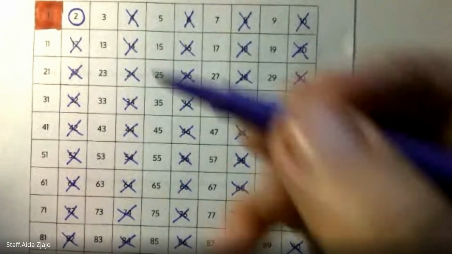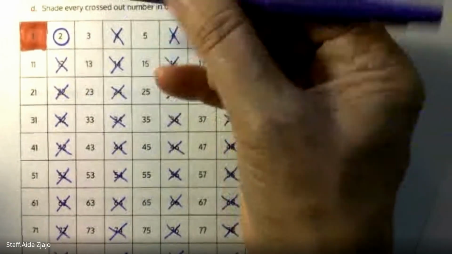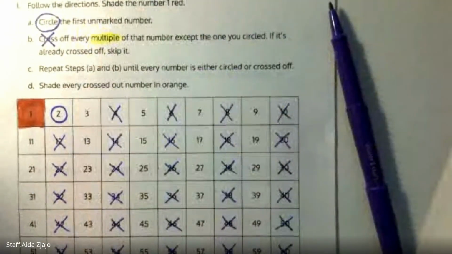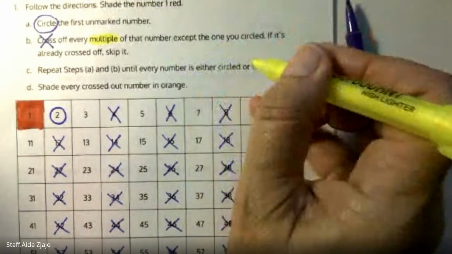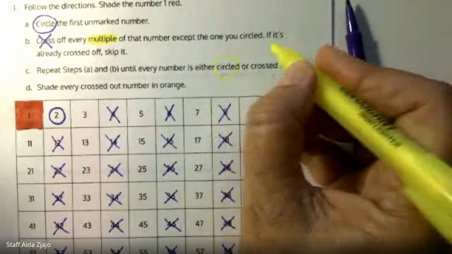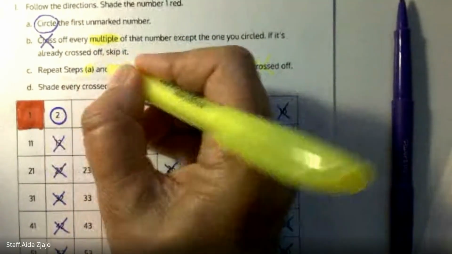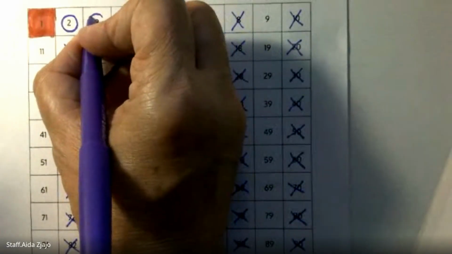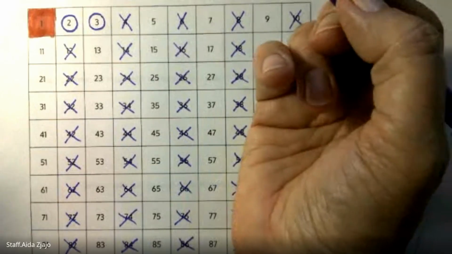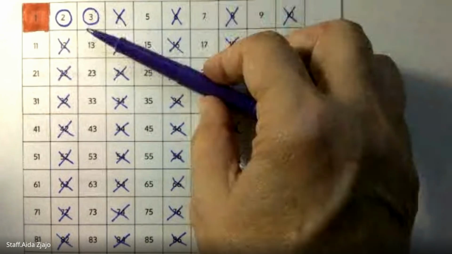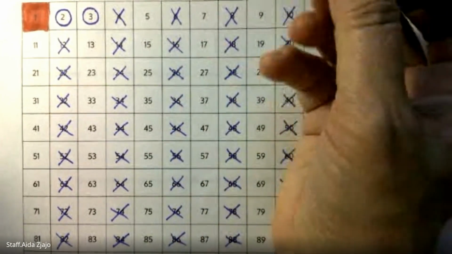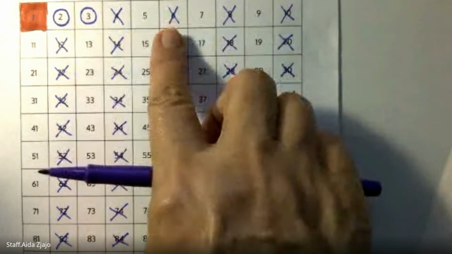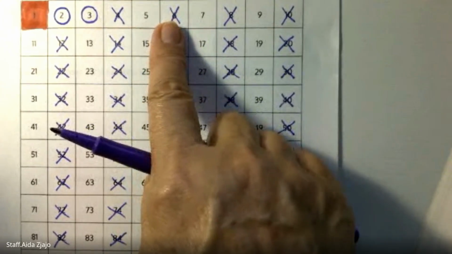Then we can do 3. They said repeat steps A and B until every number is either circled or crossed off. 3 is our prime number, so 1 times 3 is 3. 3 times 2 is 6, but it's already crossed off, so we don't need to do that.